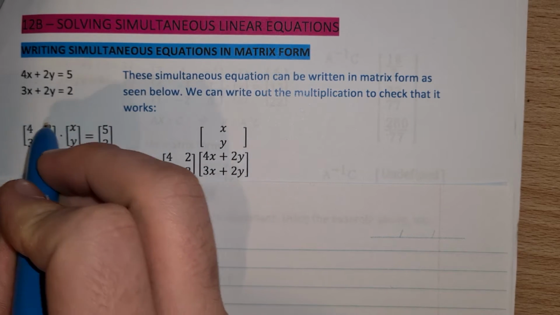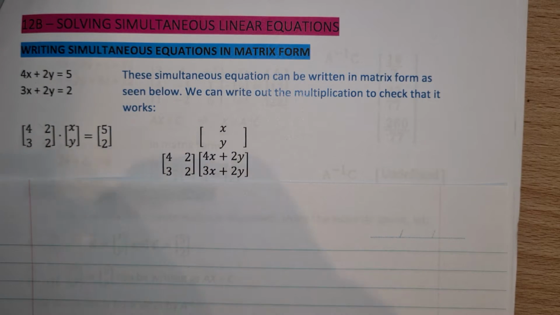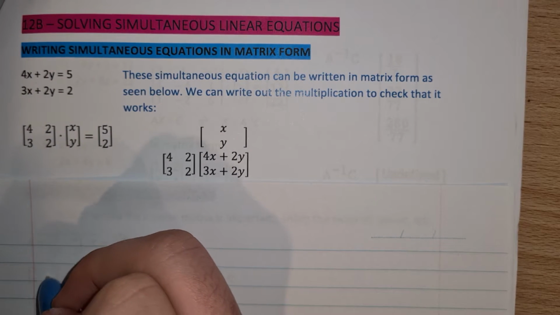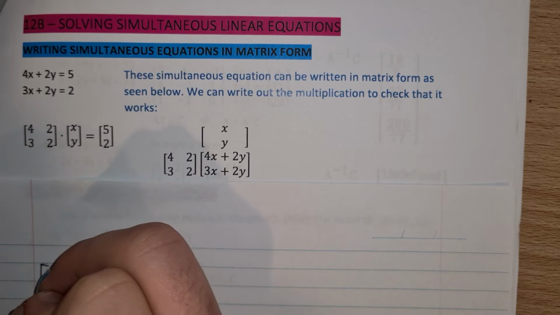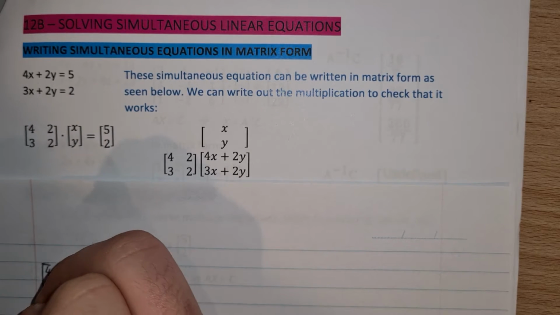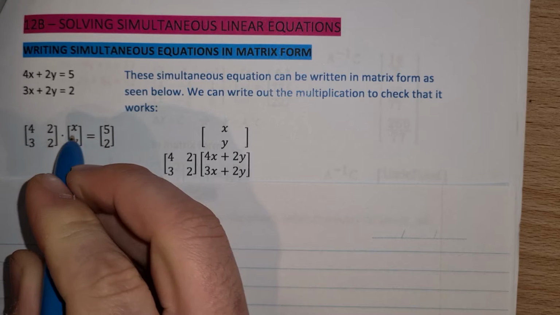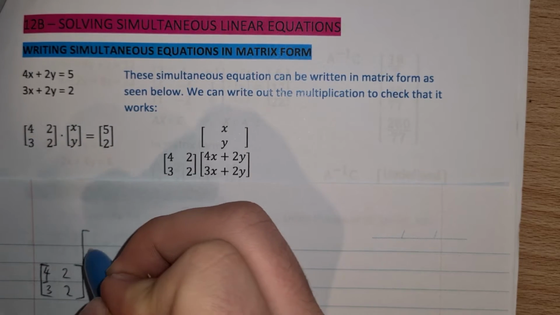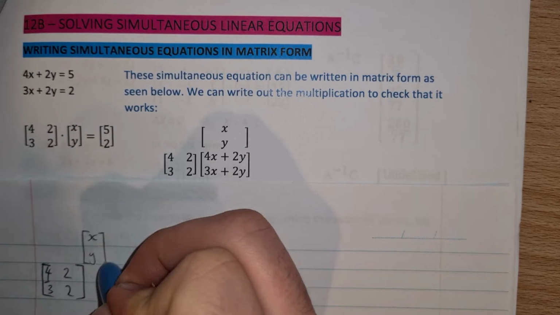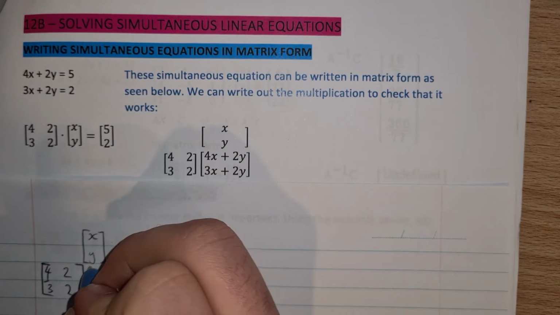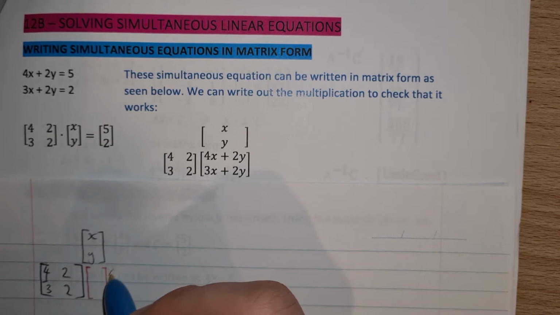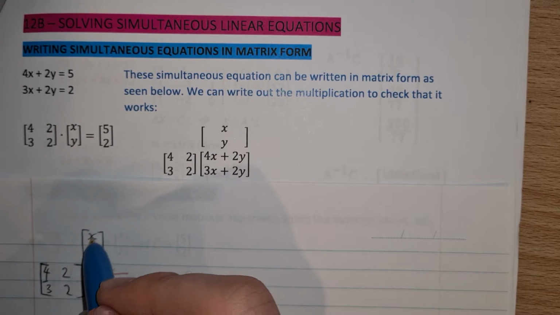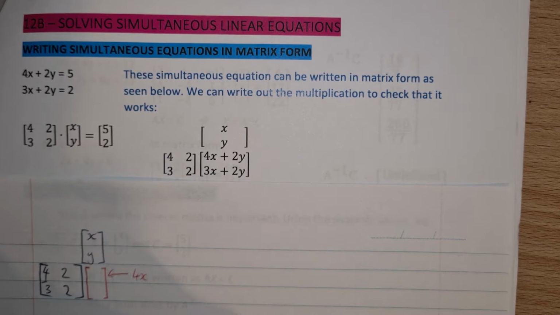Now, let's actually do this matrix multiplication and see how it's going to work out. So we've got this square matrix, 4, 2, 3, and 2, and it's multiplied by a column matrix x, y. So in our first element here, we're going to have 4 multiplied by x, and then 2 multiplied by y.